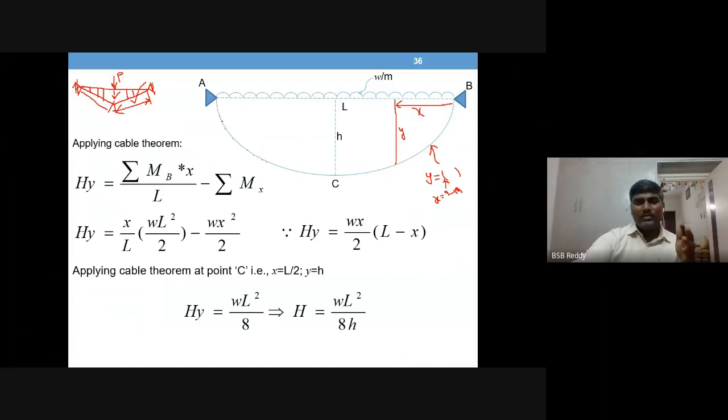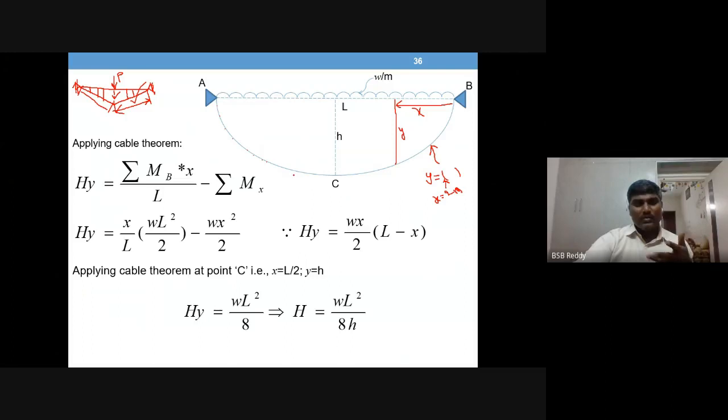Got it? So then what do you want from this? We don't want all those tensile force values. We may need some maximum values or minimum values for that matter. So that is what is required. Here, we are not solving for all the tensile force values because they are infinite in number.